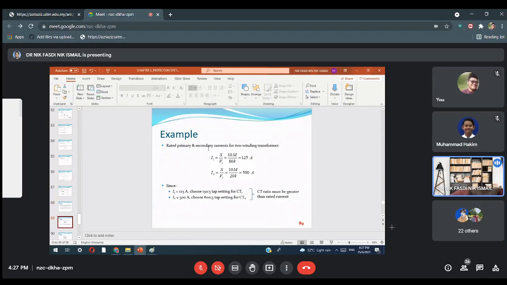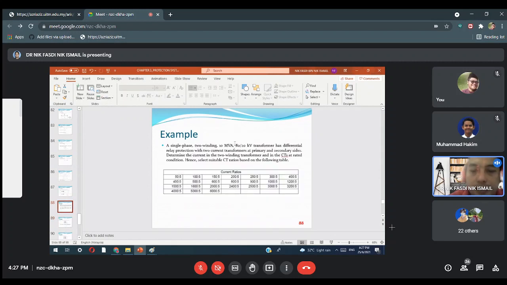Rated primary and secondary current for the two winding transformer. The first step is to determine the rated current for the primary and secondary. Going back to the question, this is the primary and this is the secondary voltage, but you need to find current, because the CT ratio is about current, not voltage.